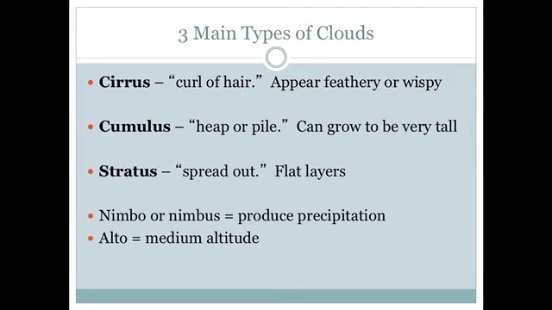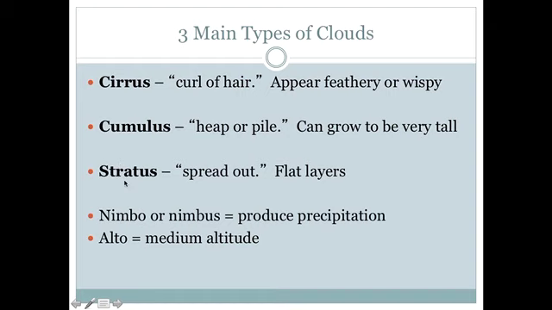No. However, if you have cumulus and you add on nimbus to that, so you've got cumulonimbus, do they then produce precipitation? Yes, they do.